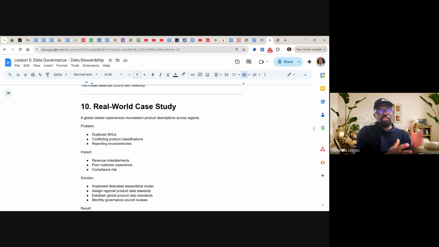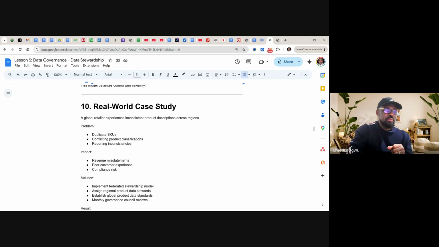Or you might report that the company is not doing well. When there is inconsistency, it is likely to affect all reports, including revenue statements, poor customer experience, and compliance risk. These are the kind of things companies are going to face when there is poor stewardship.